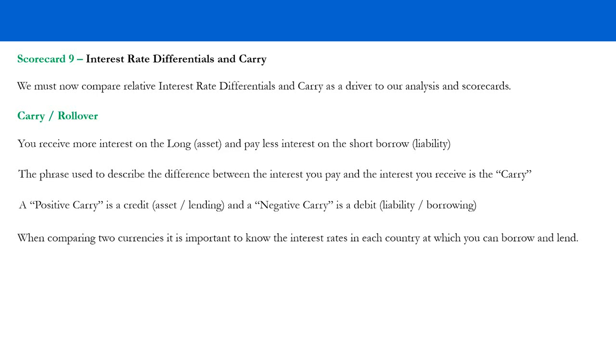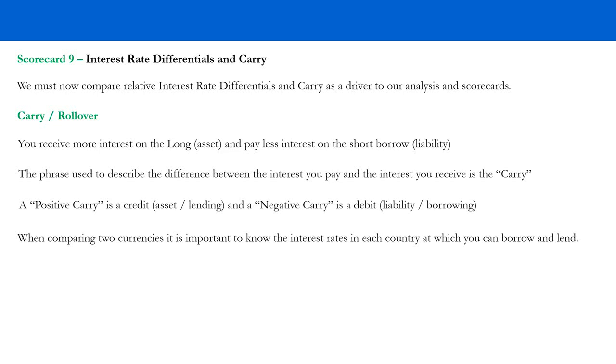And the short side is really a liability because you're paying interest out, you're borrowing. So the phrase that we use to describe this in the Forex markets, between the interest you pay and the interest you receive, is the carry. And if you recall, a positive carry is a credit and a negative carry is a debit. So that overall equation, if it's positive, you're getting a positive carry, and if it's negative, you're getting a negative carry.